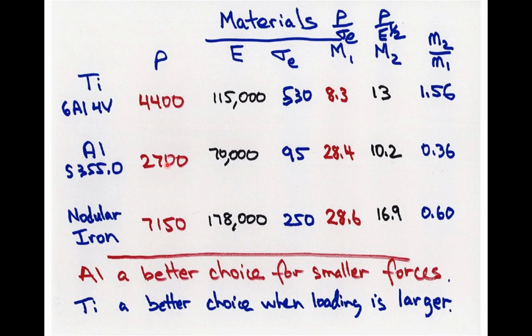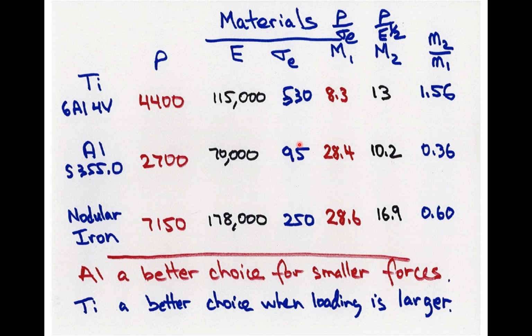For aluminum, again, lower density, lower Young's modulus, much lower strength. Notice that we have a factor of 2 Young's modulus difference, a factor of about 5 difference in the stress. So very different material properties in that sense.